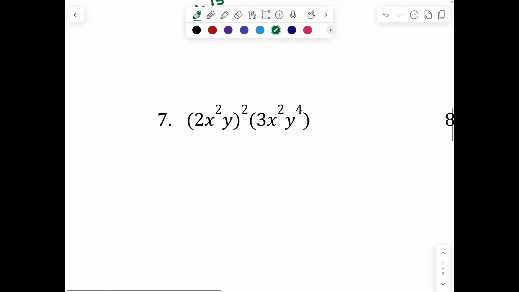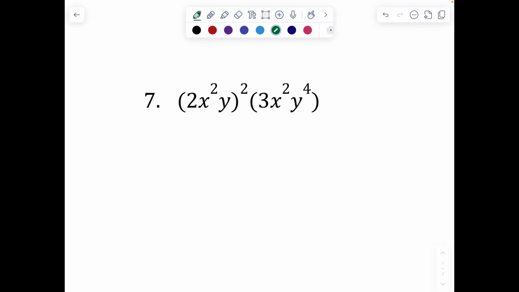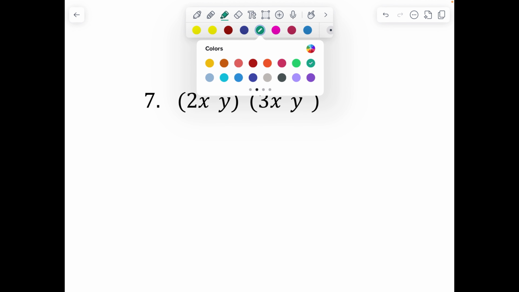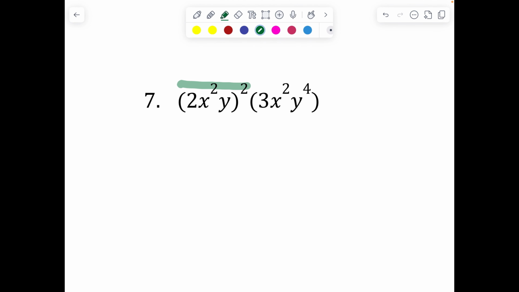Number 7. We're going to want to follow order of operations here first. So we're going to want to go ahead and do this exponent first. Then we'll do our multiplication.